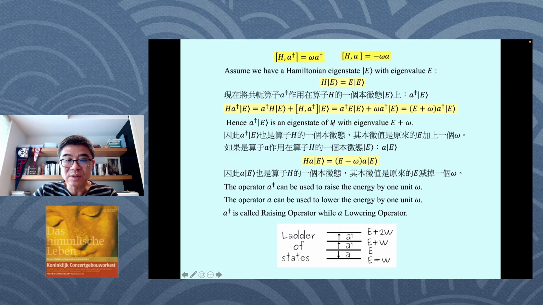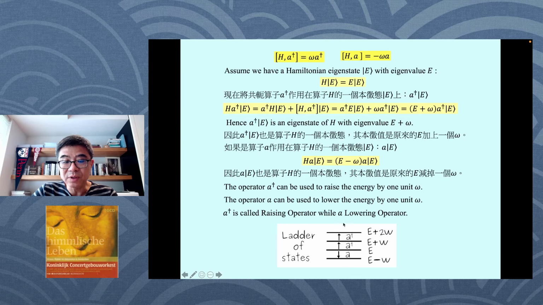The second part, that A can be used to lower the energy by 1 unit, you can do yourself. The result is here, and it can be derived through a very similar derivation as this expression. Okay, so I hope after this derivation you are convinced that A dagger is the raising operator and A the lowering operator.